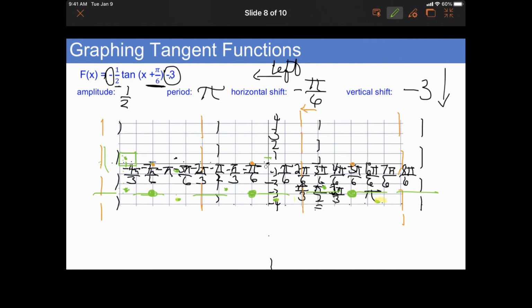Start this way and you go here. So it's flattening it out. Remember? That's what a fraction does that's in front when you're multiplying it. It makes it more squat looking, more compressed.